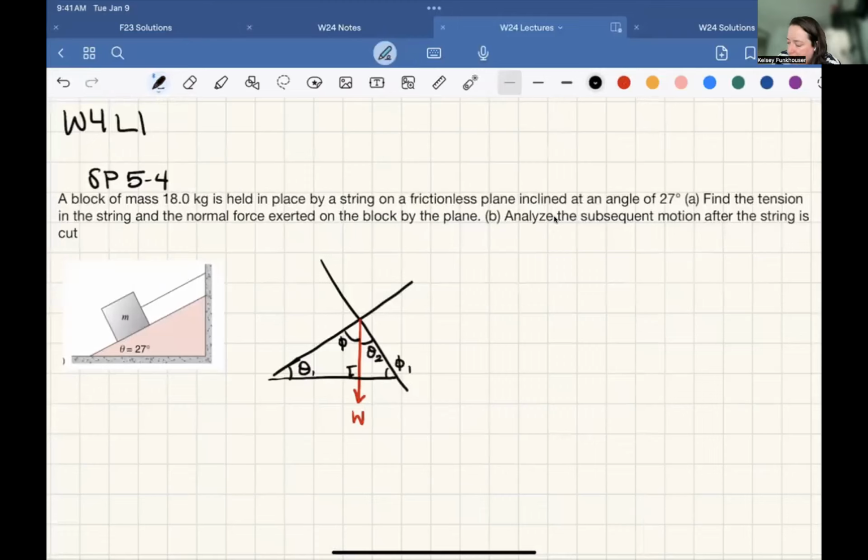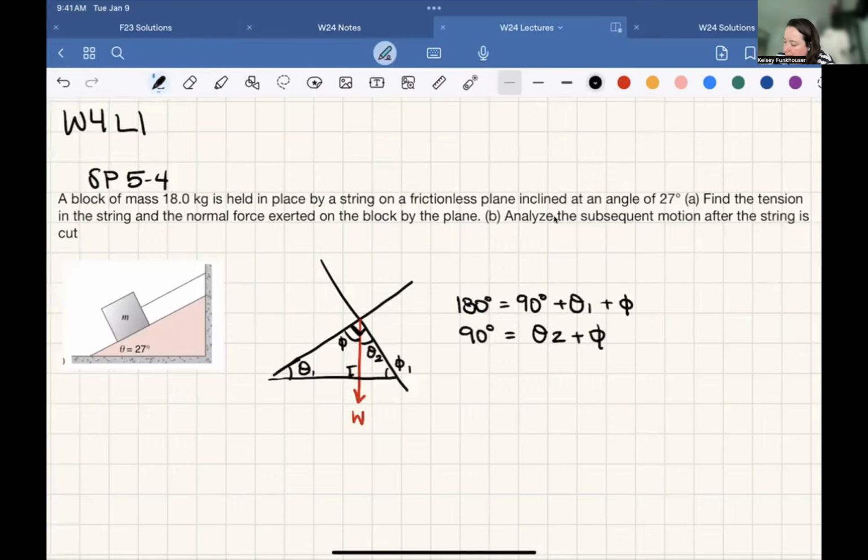So the triangle, the total angles, if we added up all of those, is 180 degrees. So it's 90 plus theta 1 plus phi. Okay, but this is also 90 because those make a right angle. So 90 degrees equals theta 2 plus phi.